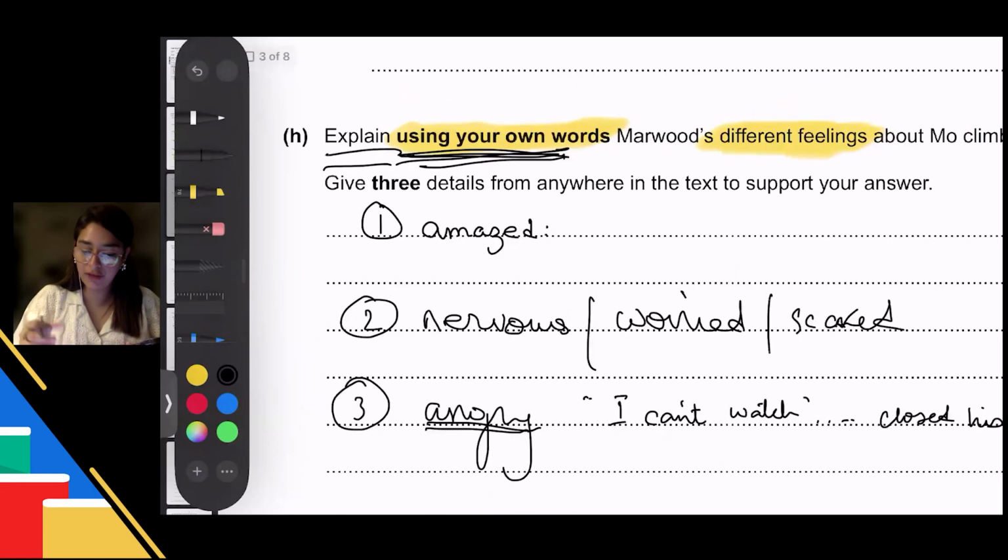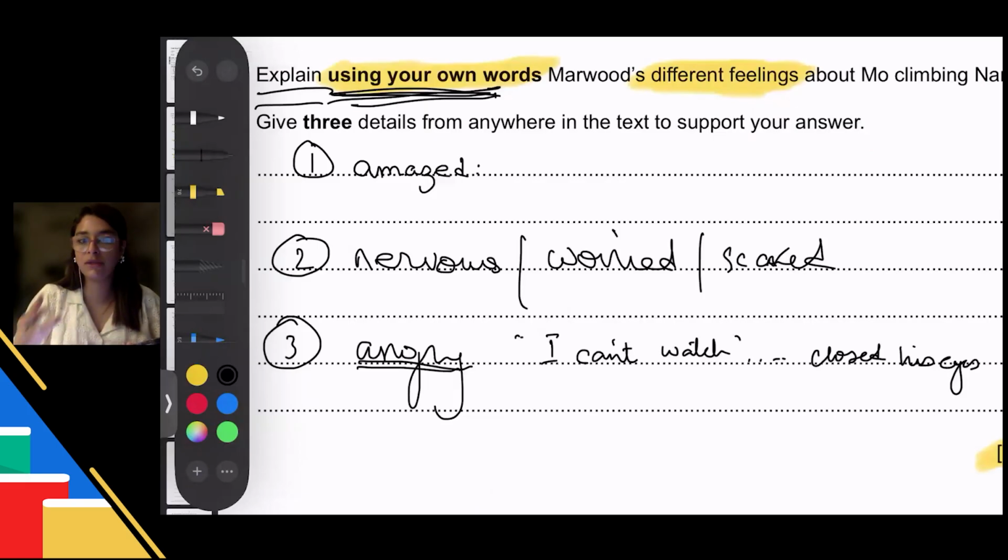Similarly, if the feeling I'm trying to highlight is that he was nervous or worried, I will talk about how Marwood warns Mo that he doesn't think it's a very smart move, showing how nervous or worried he is.